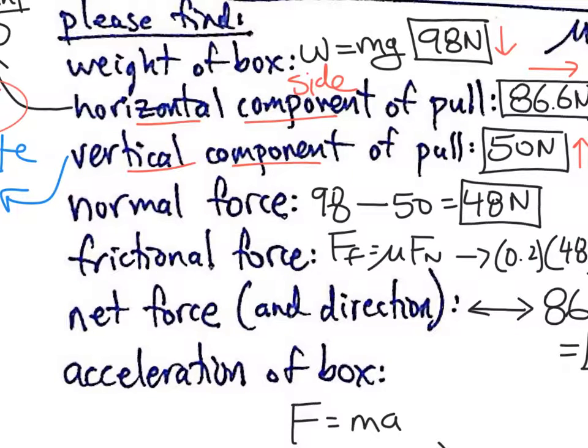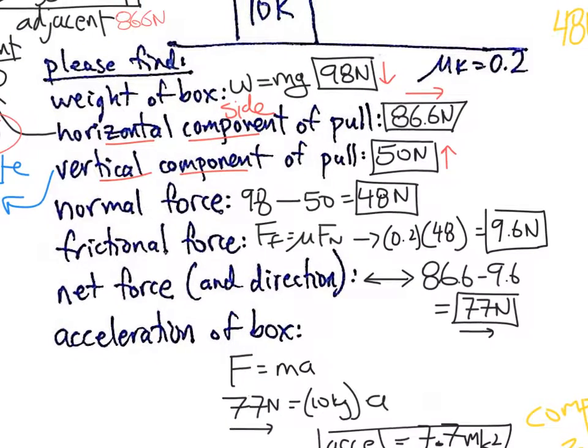So frictional force is coefficient of friction times the normal force. Notice how the fact that it's being pulled kind of up and right, the fact that it's being pulled up slightly means that the frictional force is actually reduced. So we end up with 9.6 newtons of friction.